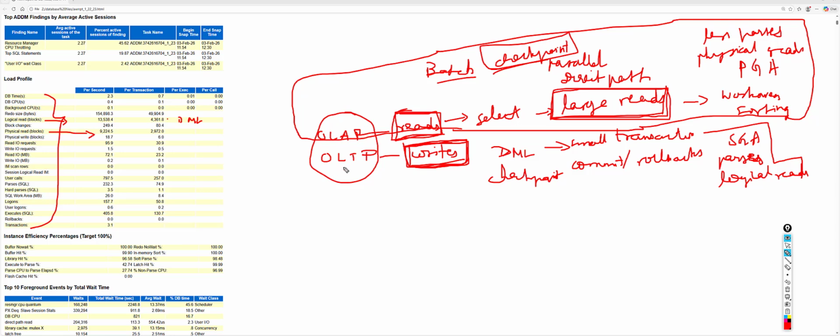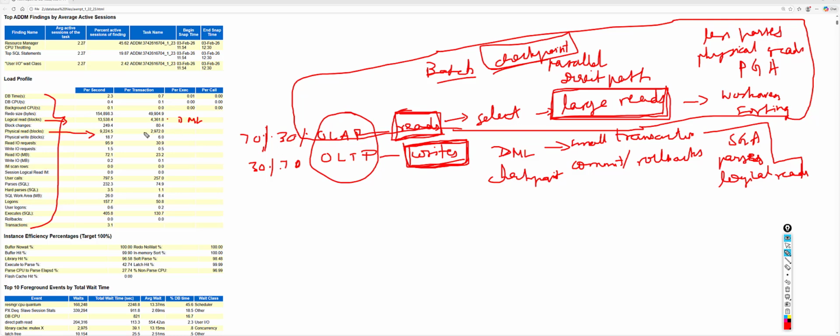So they keep 70% OLTP and 30% as OLAP reporting, or they may keep 30% as OLTP and 70% as OLAP. So some of the Exadata systems are designed for both types of databases.